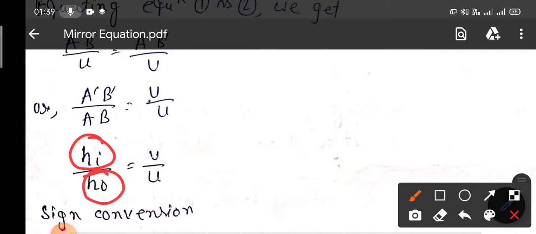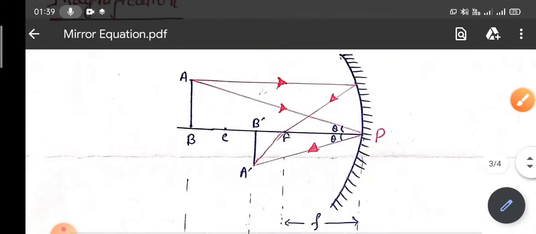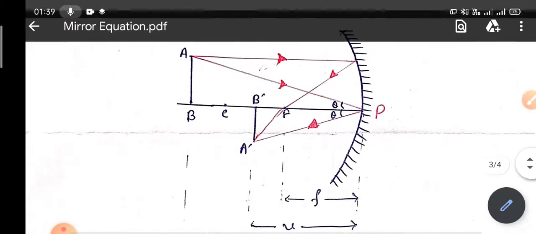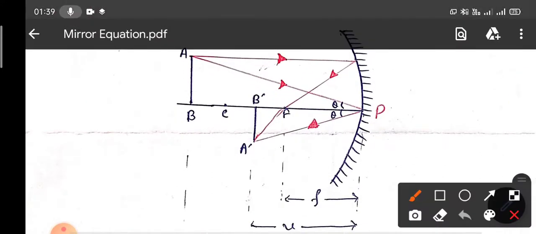So this is your magnification formula, but you have to use the sign convention also. Remember the sign convention for height: anything which is above your principal axis is taken as positive, and anything which is below your principal axis is taken as negative.